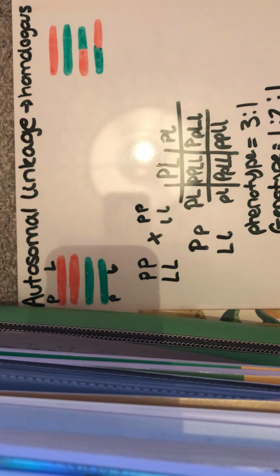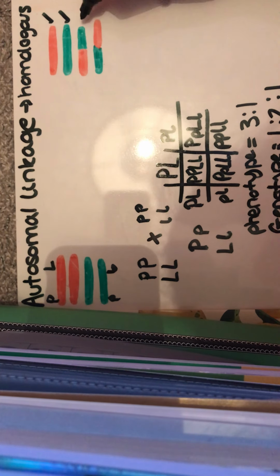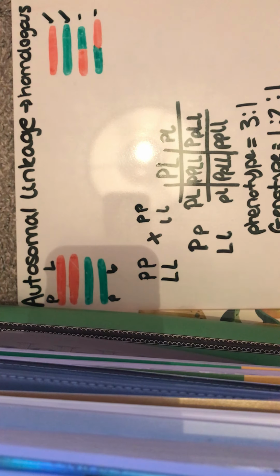Now, as I said, this isn't always the case with autosomally linked genes. We can actually have crossing over occurring in meiosis prophase 1. So, for example, we have still got these where there's no crossing over, they're unaffected, but here we've got what we call recombinant gametes.